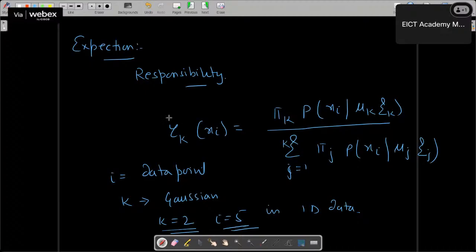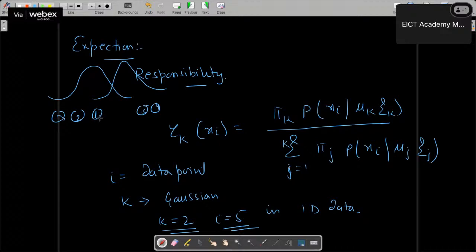Now responsibility means, let's say we have 5 data points: 1, 2, 3, 4 and 5. How much responsibility is taken by the first distribution towards the first data point, and how much responsibility is taken by the second distribution towards the first data point.